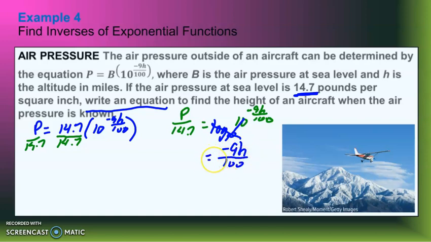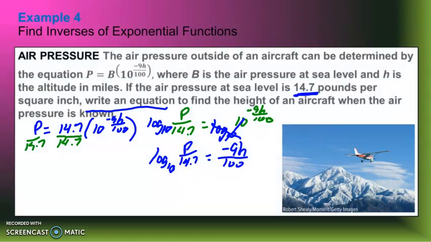But whatever I do to one side, I have to do on the other. So that means I have to do log base 10 on the left-hand side. So I would have log base 10 of P over 14.7.